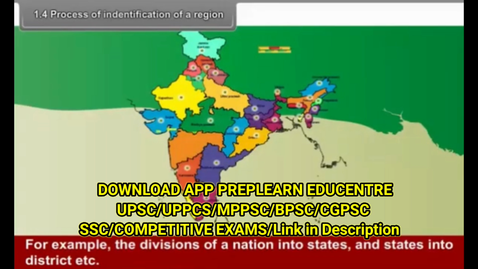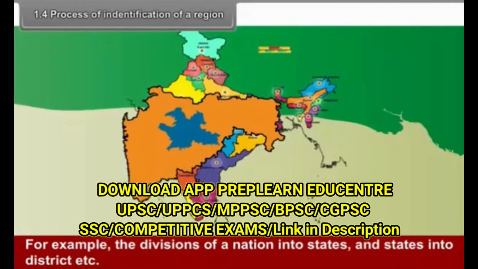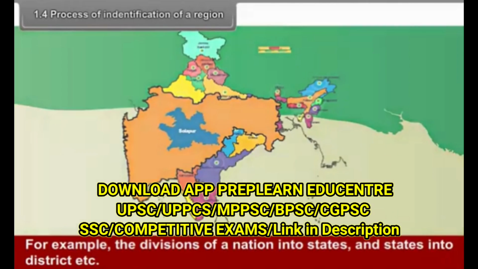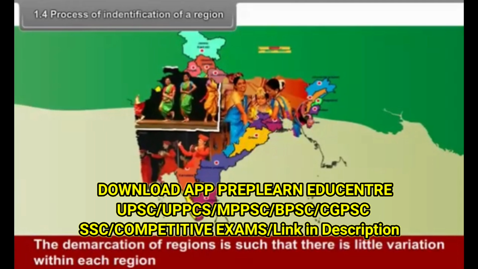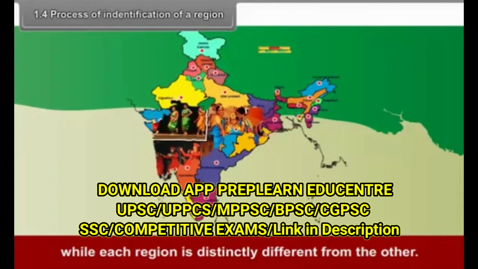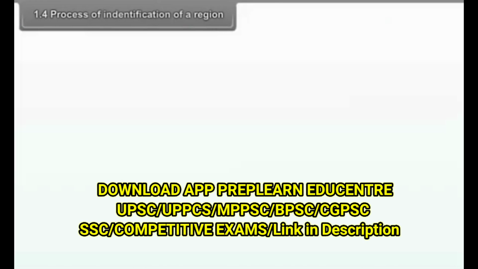For example, the divisions of a nation into states and states into districts, etc. The demarcation of regions is such that there is little variation within each region, while each region is distinctly different from the other.